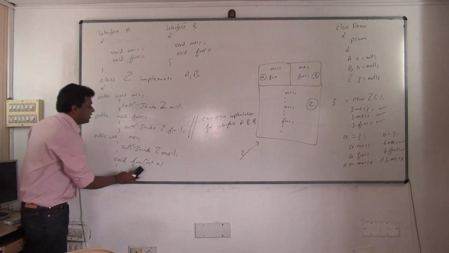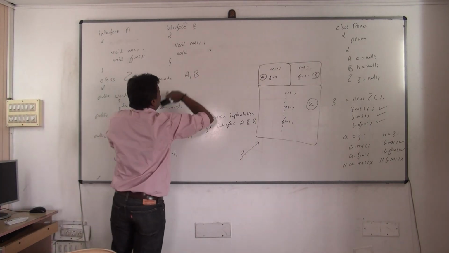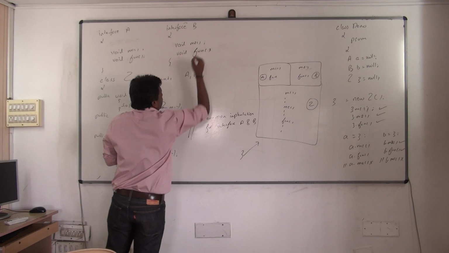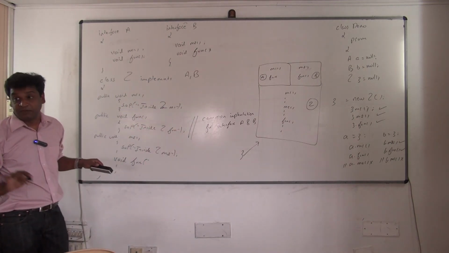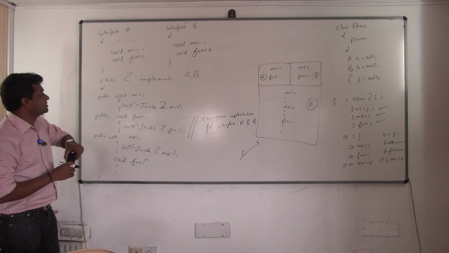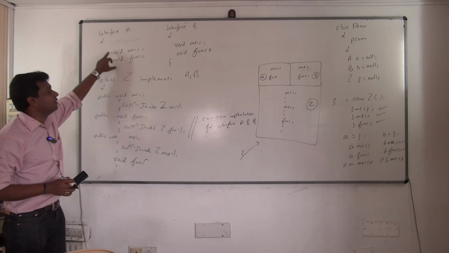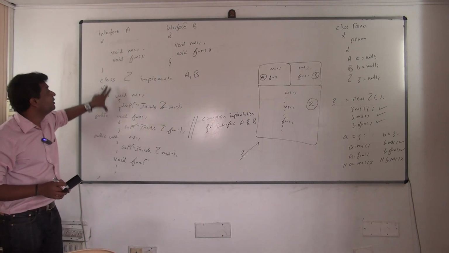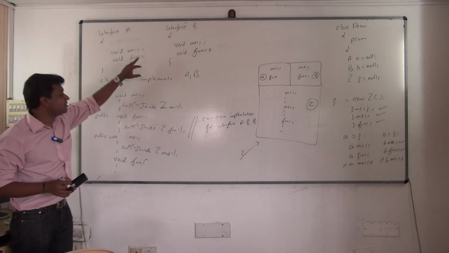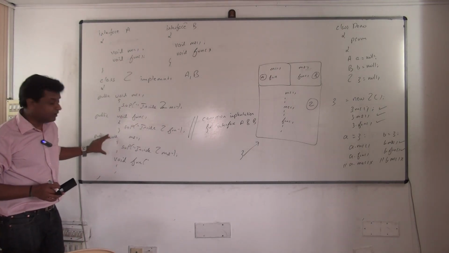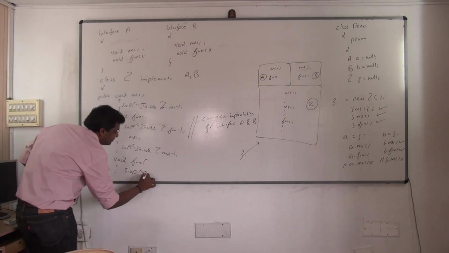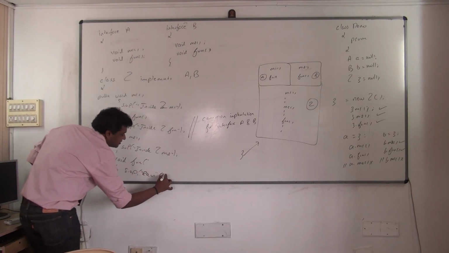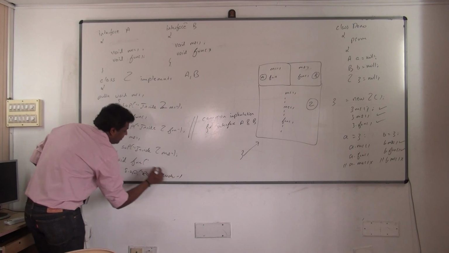One more thing. What happens if I have a common implementation? You can ask, means what happens if I try to write a different implementation? See this, class Z implements AB. I am writing M1 and fun for which one? A interface. For B interface I am writing M2, correct? And I am writing fun, and I will write here SOP Ravi. It's a different implementation, some different logic.